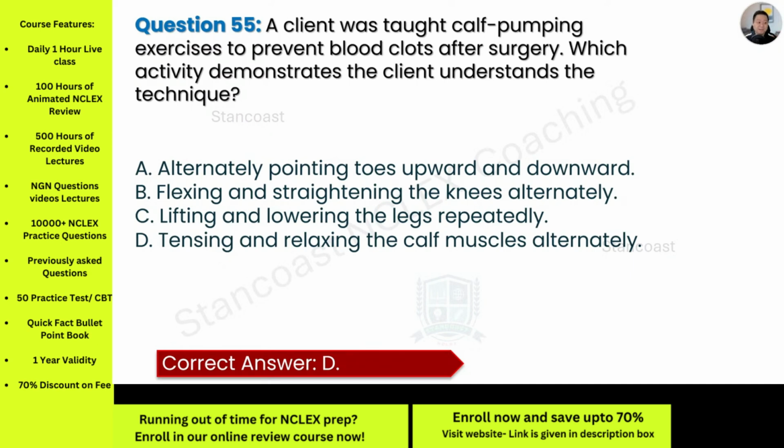So that's incorrect. If you selected letter B, the knee movements here focus on joint mobility rather than calf circulation. Letter C is also incorrect because this is only raising the legs, which will activate the thigh muscles, not the calves. So you have to identify the option that directly engages the calf muscles.